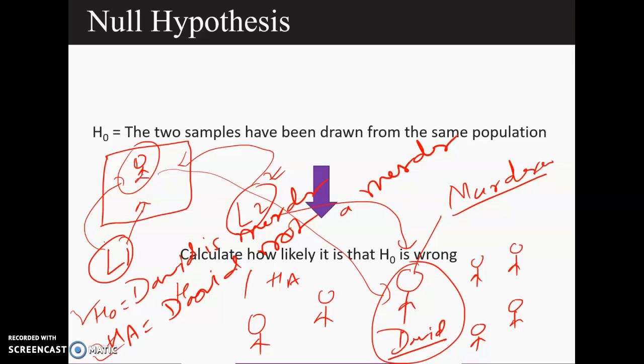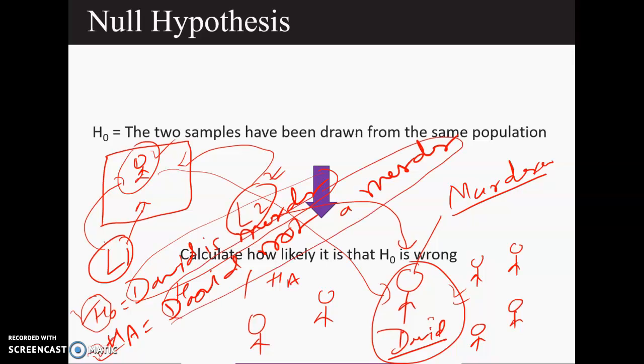If there is enough evidence to prove that David is a murderer, it means that H0 is true, and the judge will make a judgment that David is a murderer. On the other hand, if the evidence is enough to prove that David is not a murderer, it means that H0 is wrong. It indicates that David is not a murderer. So this is how you will frame your H0 and HA.